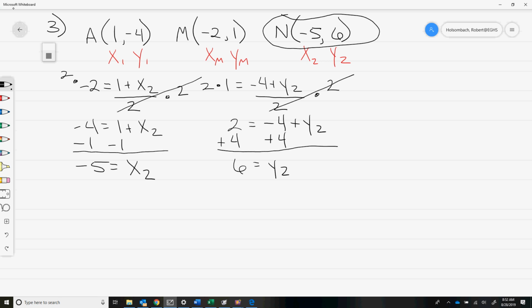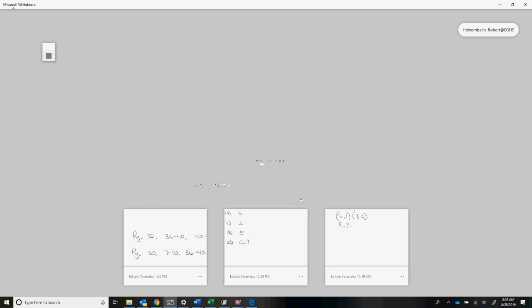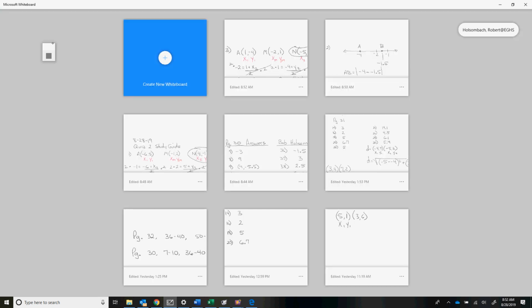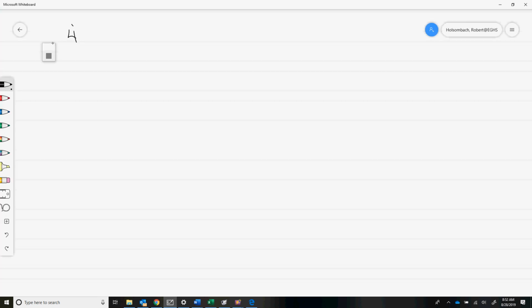Alright, number 4 is a problem that we did last week. Okay? So you've got this number line, or it's like a problem you did last week. You got C, D, and E. You're told that C to D is 4x plus 10.